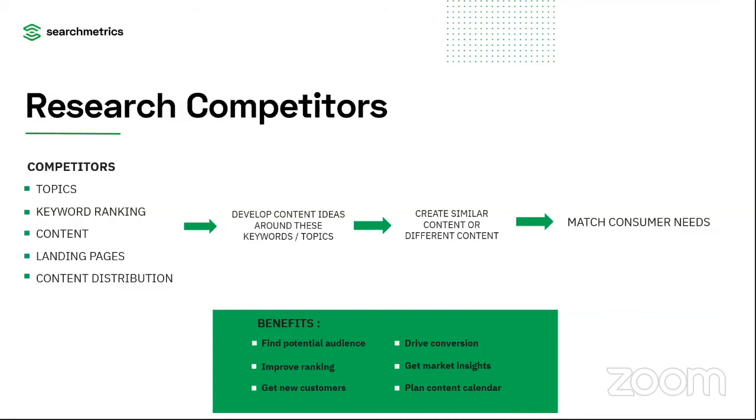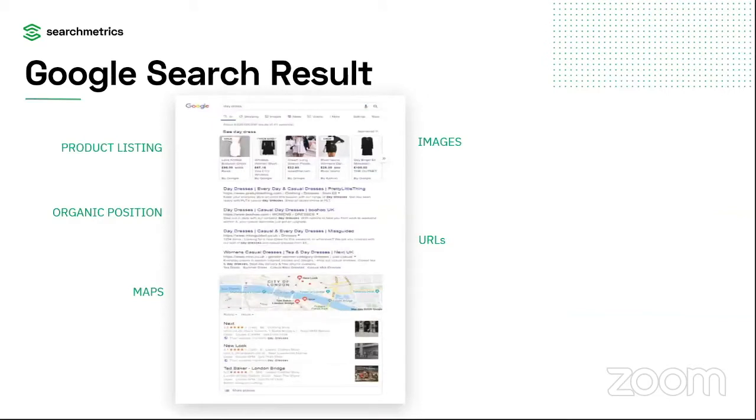You can decide to create similar content or do something different, but the end goal is to match your consumer needs. To do that, you could start by looking at Google search: the images other competitors are using, the actual organic positions, and the different URLs. That gives you an idea of how competitive a specific keyword is.